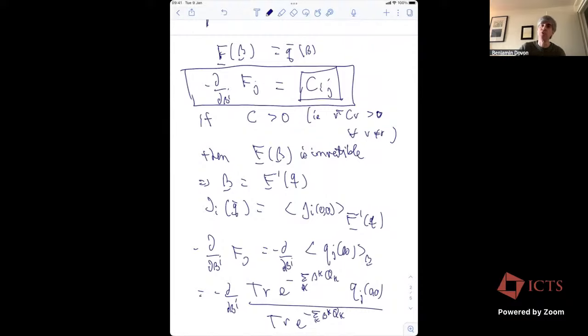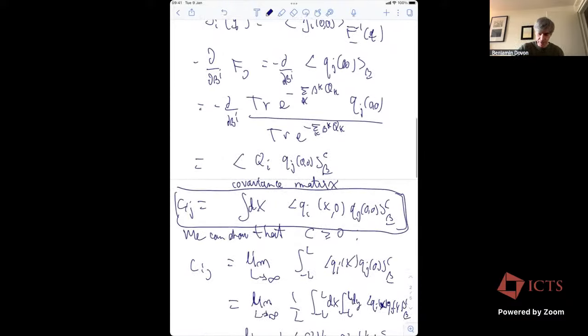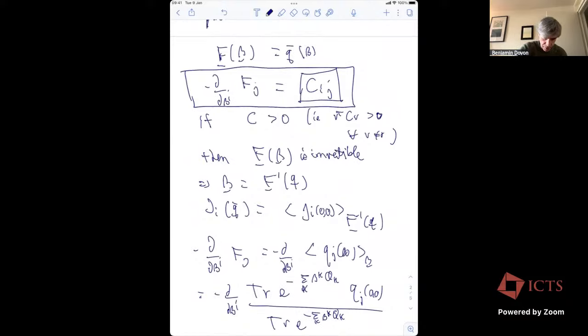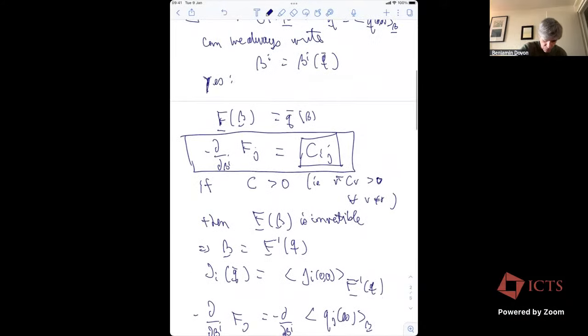So it's also a matrix of susceptibilities: how much conserved densities vary if you vary some of the potentials. So the covariance matrix is a matrix of susceptibilities, a matrix of covariance of conserved quantities in the state.